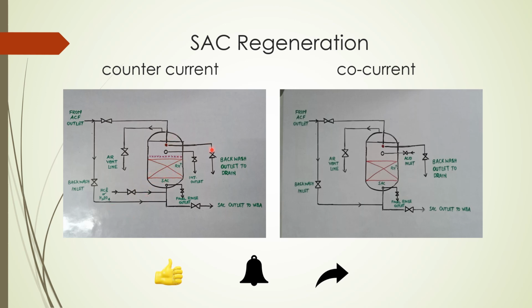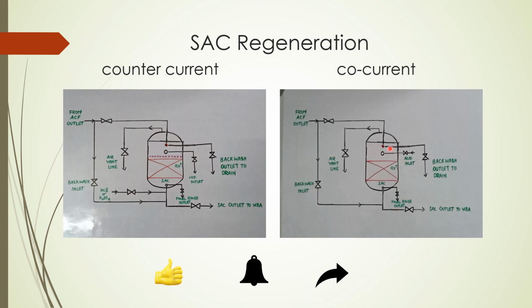Then the final rinse is given, that is taken out here, and as usual we have to check the FMEA. When the FMEA becomes equal to EMEA, then the regeneration is taken as completed, and we can go for keeping the bed as standby.